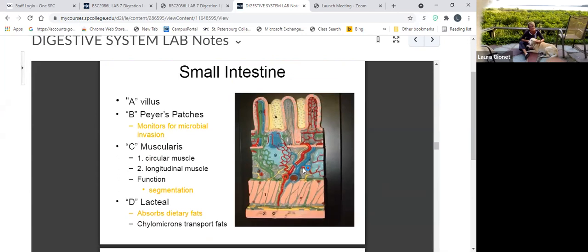Here's our model of the small intestine, which is at least upright, so it's a little easier to see. We have the finger-like extensions, which are the villi. Within the villi, we have D, the lacteal, that transports dietary fats. We have capillaries in there, arteries and veins. We looked at the Peyer's patch, B, the blue lymphoid structure.